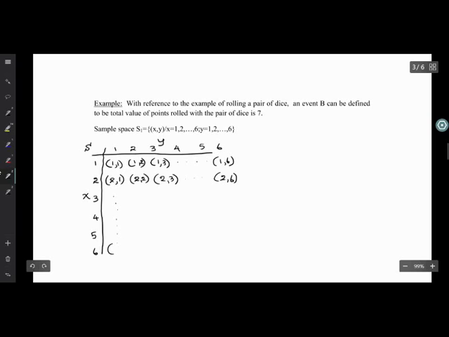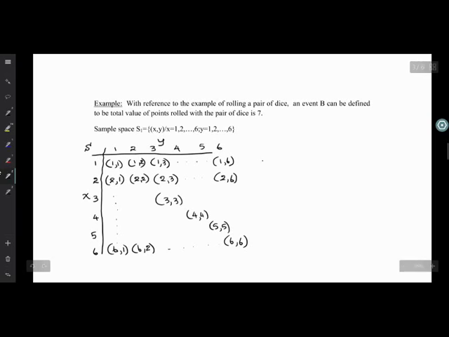Likewise, you can fill this grid up to the last outcome. So you'll end up with 36 possible outcomes. In the diagonal, you have the same value for both dice. Now it is easy to figure out the events.